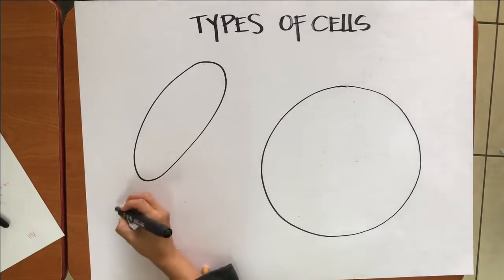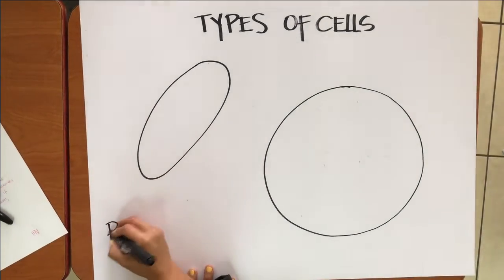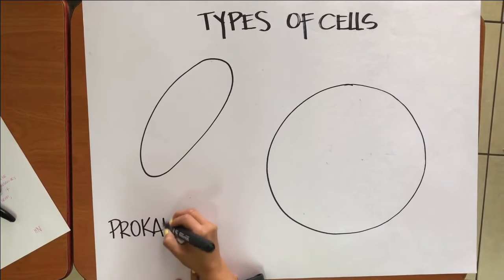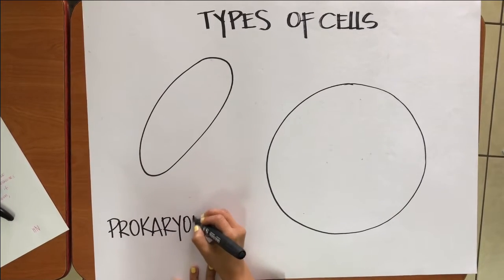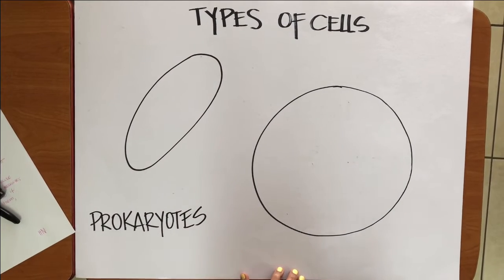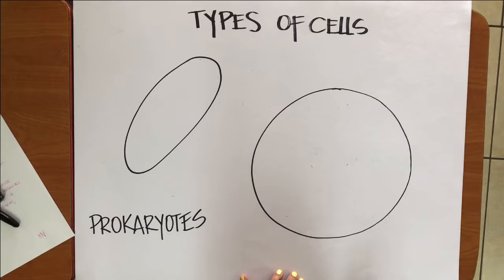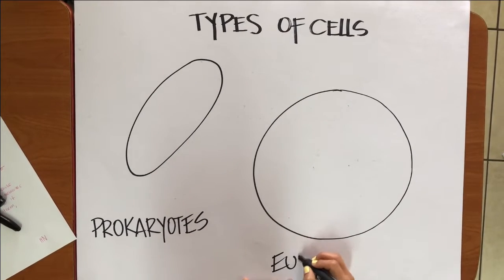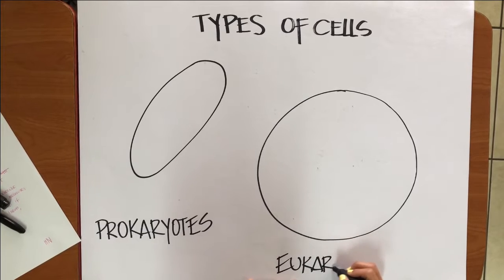The simple cell organisms are going to be called prokaryotes. And the complex cells, which therefore produce complex organisms, are going to be called eukaryotes.